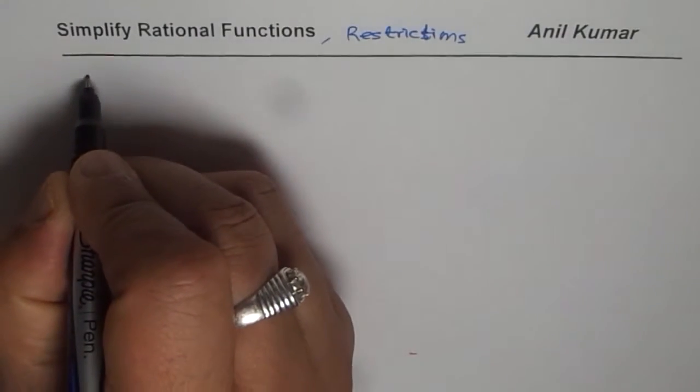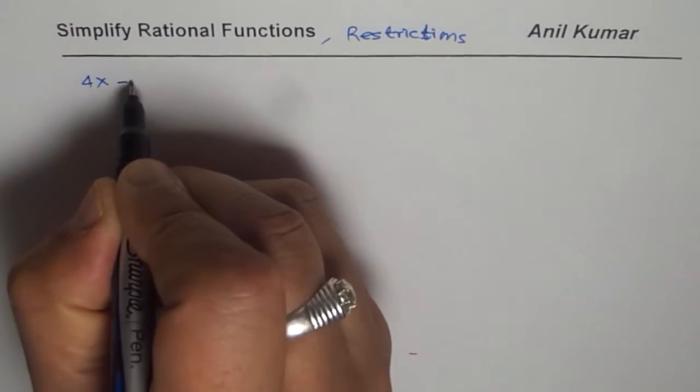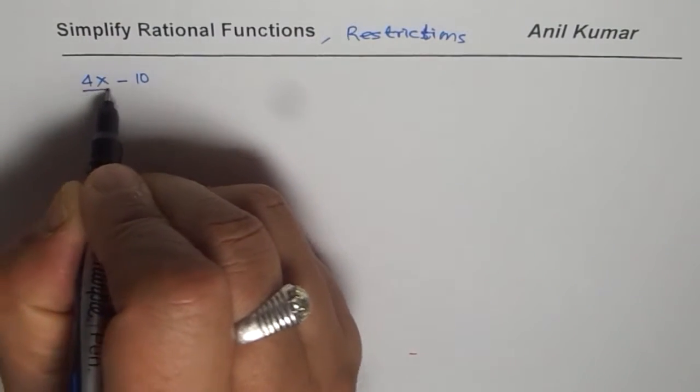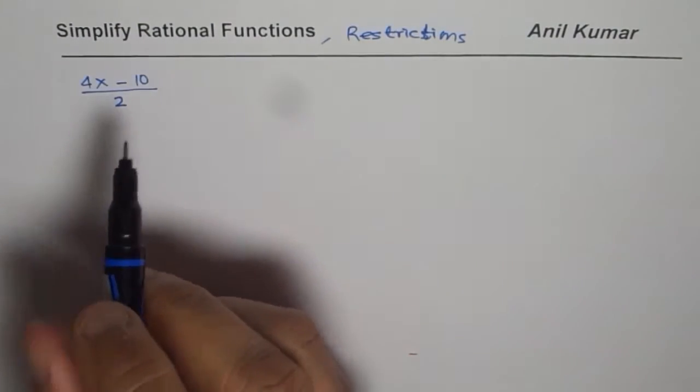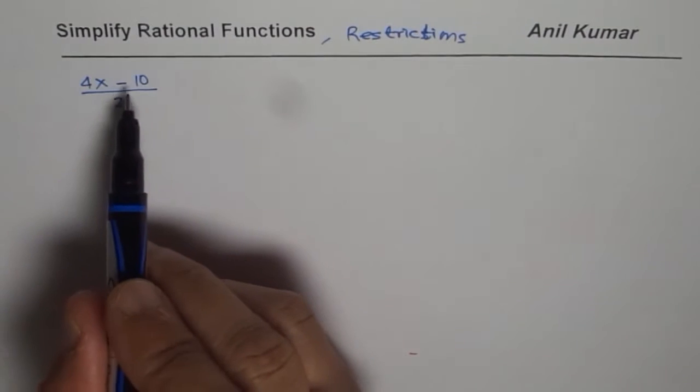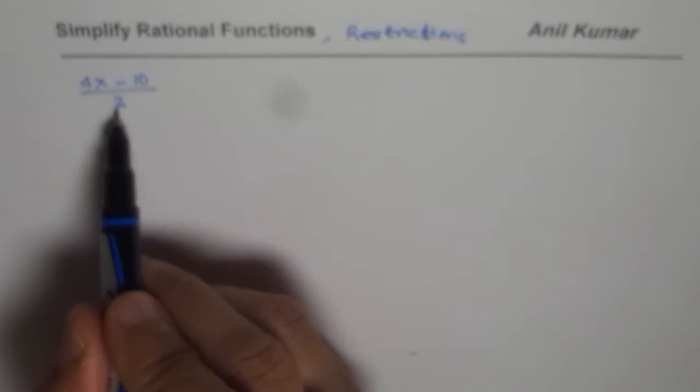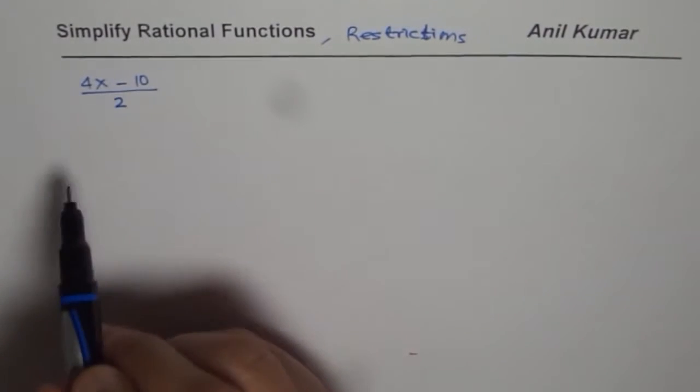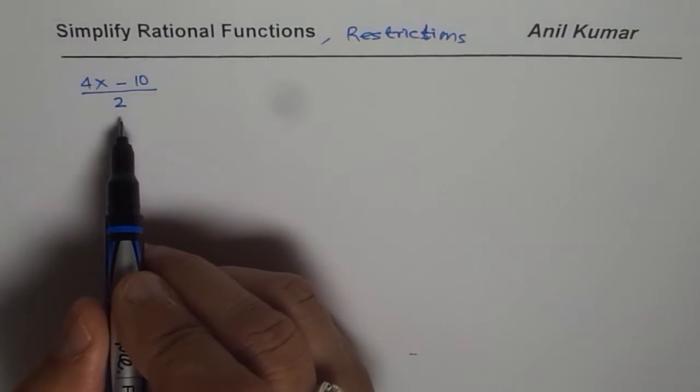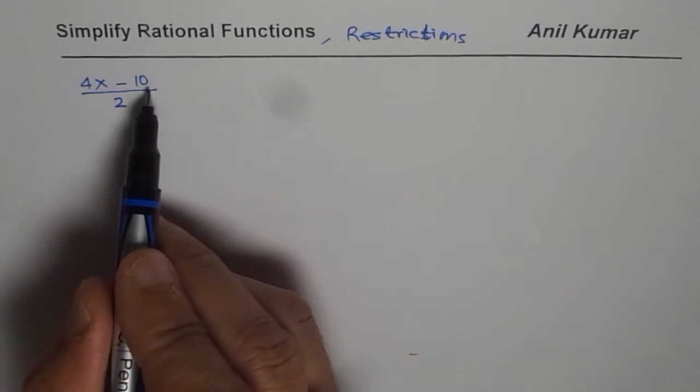Let us say we have 4x minus 10 divided by 2. First thing, is it a rational function? It is of the form of a polynomial divided by a polynomial. A constant is a polynomial, so it is treated as a rational function. Now to simplify it, we see that 2 is a common factor.